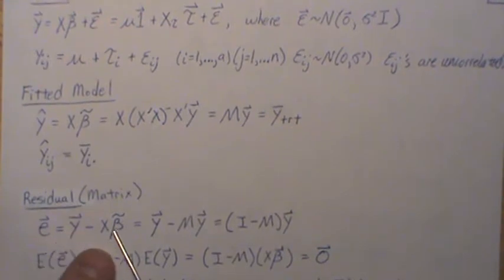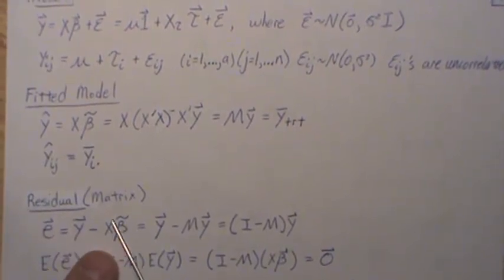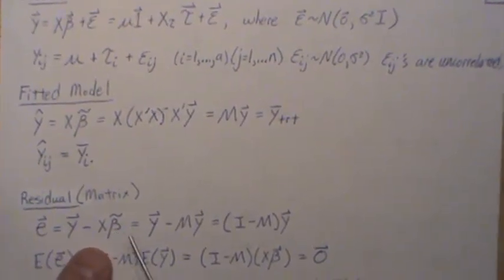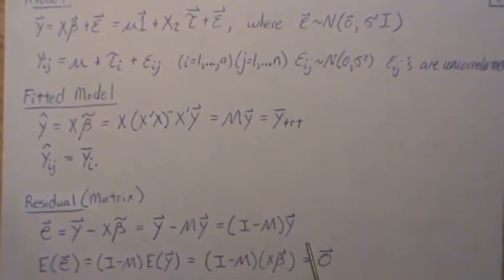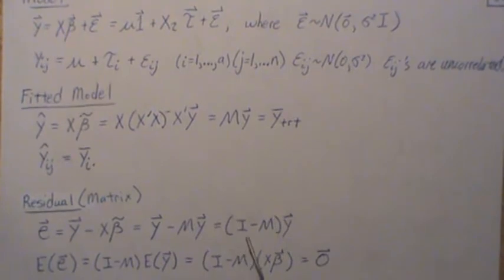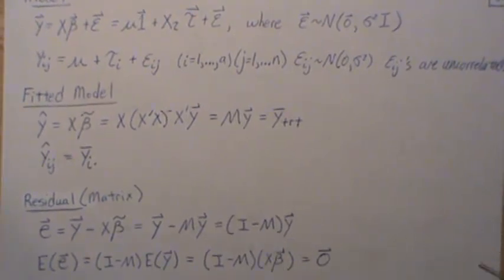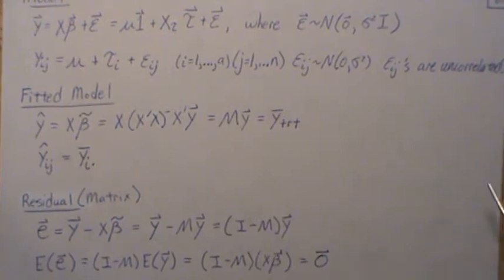Now here, if we substitute in what X beta tilde is, which is My, then factor y out on the right, the residuals can be represented in matrix form as I minus M times y. The interesting part about this is that I minus M is a perpendicular projection matrix onto the orthogonal complement of the column space of X.